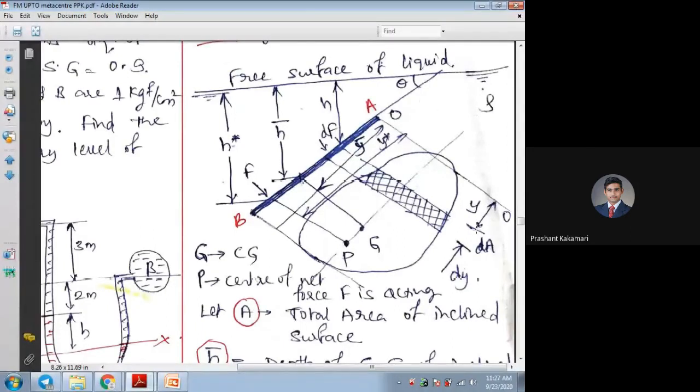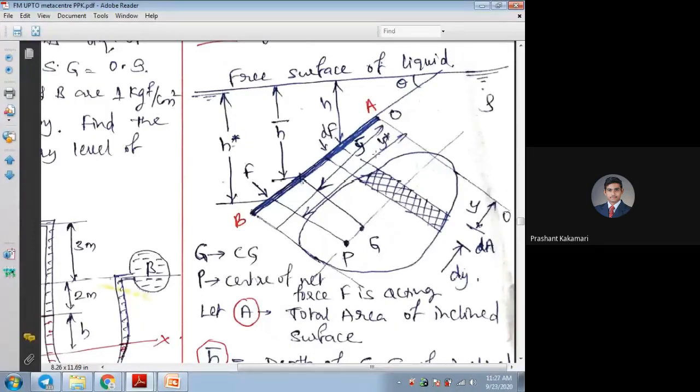At distance y, any distance, at top side or bottom side, you take one small area dA. And the distance between these two lines I can take as dy. dy is the distance. dA is the area on which the force dF is going to act.